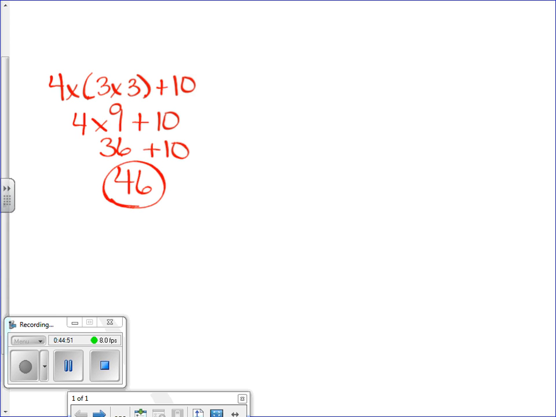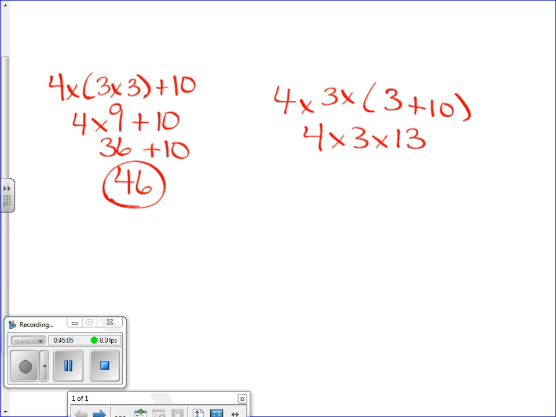Then you have 4 times 3 times (3 plus 10). Parentheses go first, 13. 4 times 3 times 13. Since you've got multiply and multiply, you go left to right. 4 times 3 is 12, times 13 is 156.